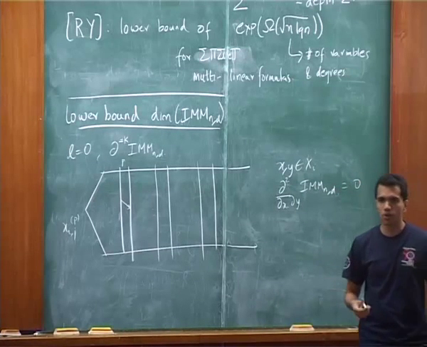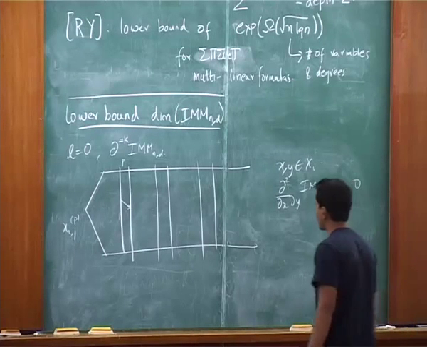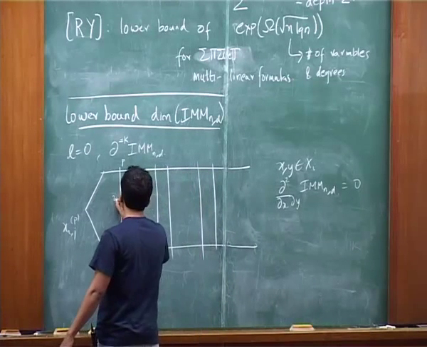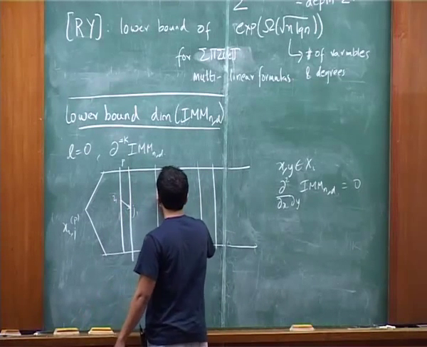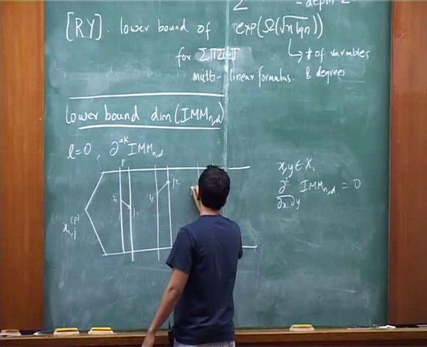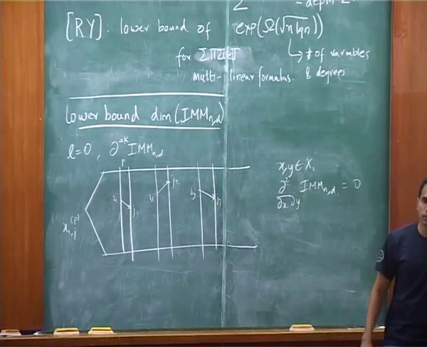Right? So it never makes sense to take derivatives with respect to two variables from the same matrix. So you better take derivatives with respect to different variables from different matrices. So let's say I take maybe the I1 J1 variable here, the I2 J2 variable here, the I3 J3 variable here, etc. Well, what's the derivative going to be?